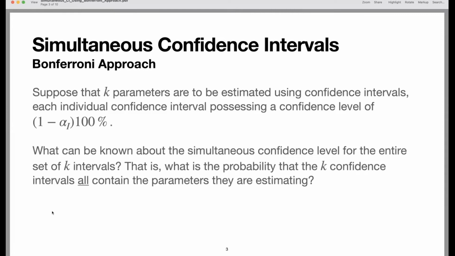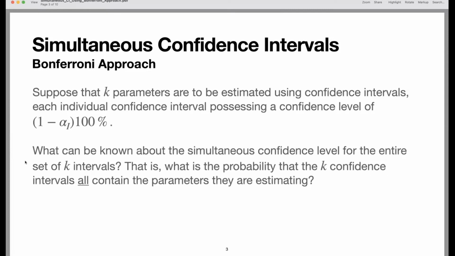The I in the subscript represents the individual confidence intervals. So we have k parameters that we want to estimate using confidence intervals, a confidence interval for each of those k parameters, and each has a confidence level equal to this quantity.